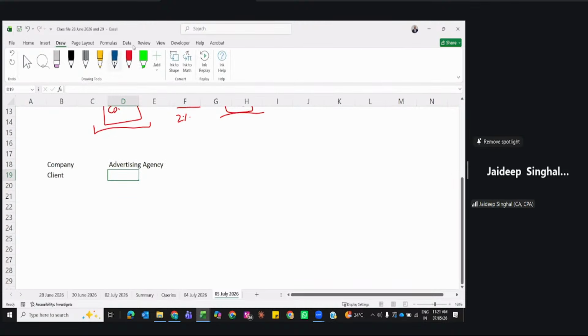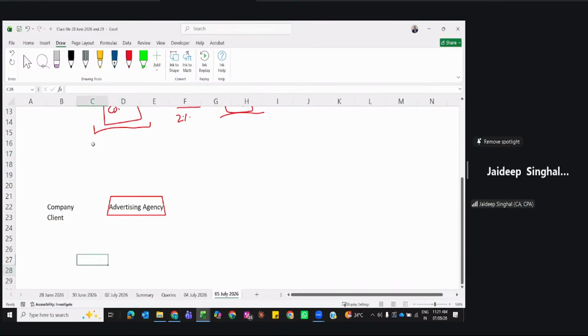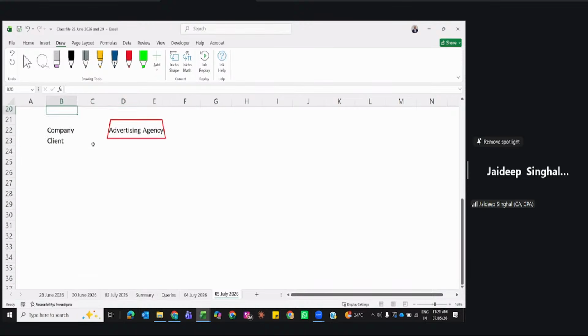Let's suppose you want to run an ad on a news channel, Aaj Tak. Do you directly reach out to Aaj Tak, or do you reach out to the advertising agency? Everyone, please answer. You will go through an agency, right?